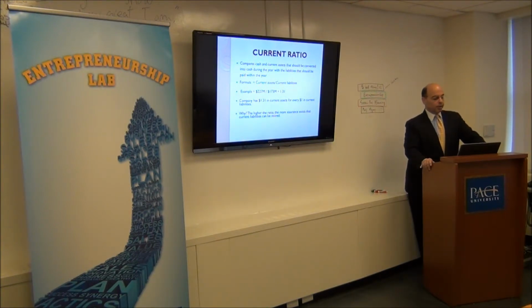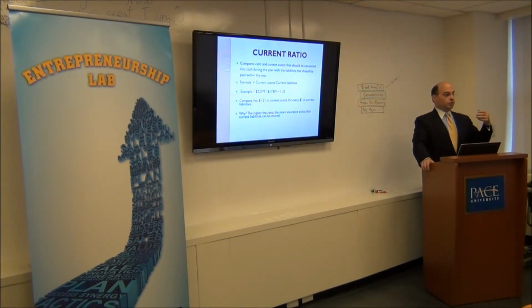So we're pairing cash and current assets that can be converted into cash with liabilities that can be paid within the year. It's current, it's my most liquid assets and liabilities. The objective is to obtain cash, to get that cash from all your sales, from the receivables and payables that you accrued.